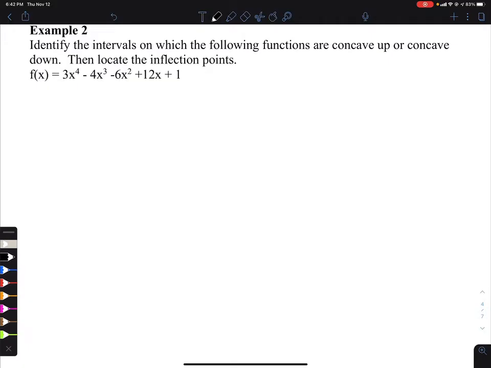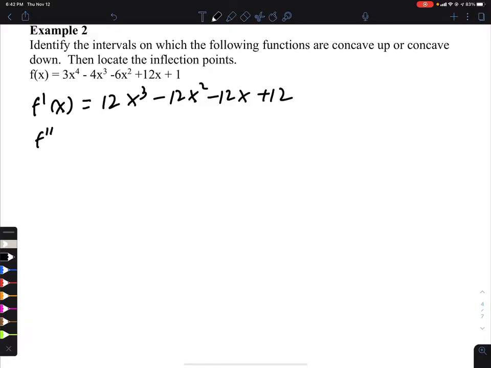So I will take the derivative, and then I will take the derivative again to get the second derivative. And I want to know when this is 0 or undefined.